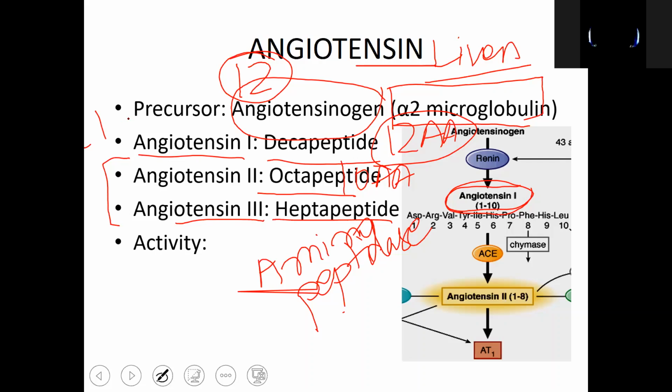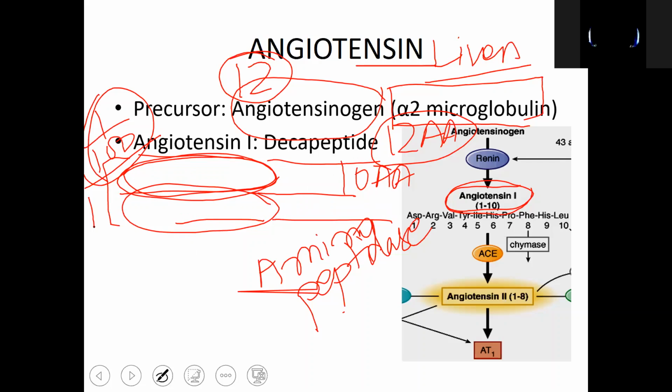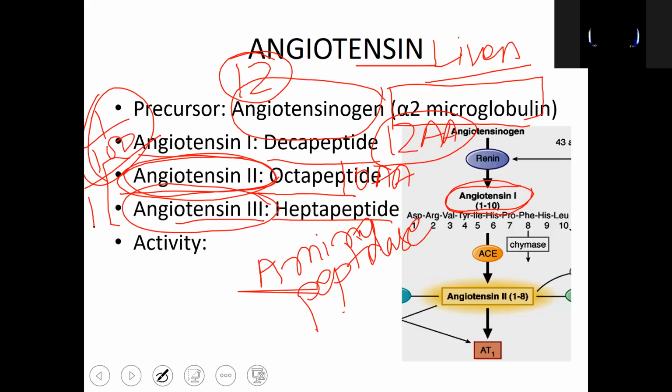Angiotensin 1 has 1/100th of the activity of angiotensin 2. So angiotensin 2 is the most active, whereas angiotensin 3 has almost 1/10 of the activity of angiotensin 2.